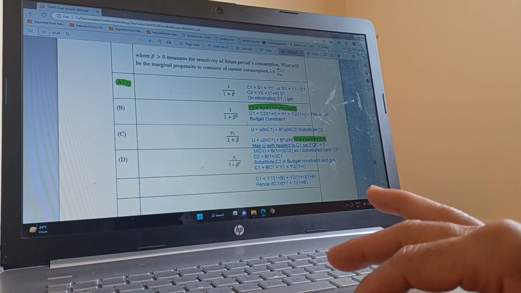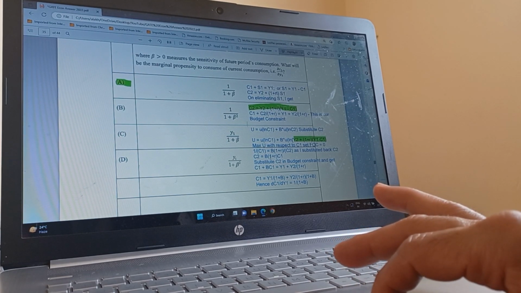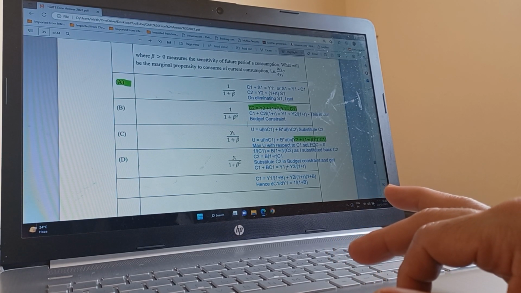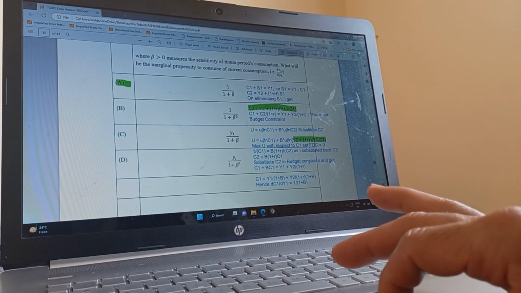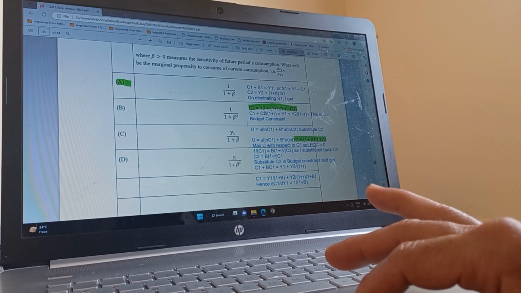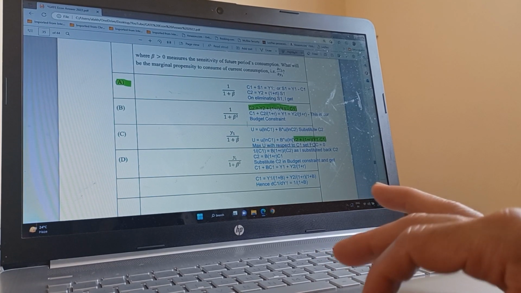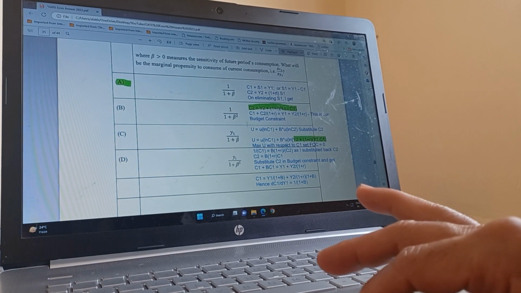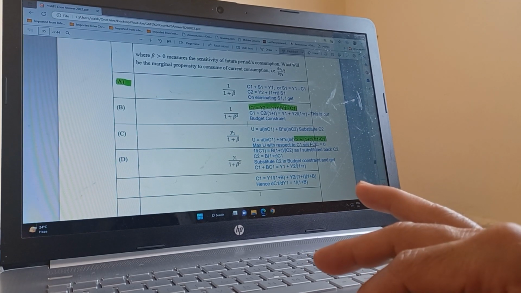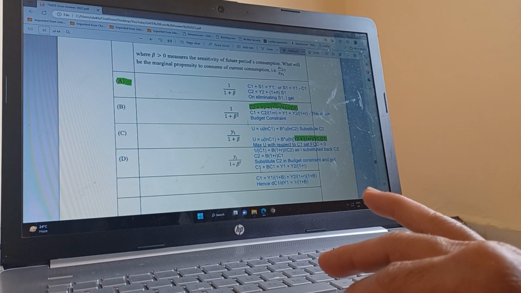And then again substitute C2 in the budget constraint and get C1 plus beta C1 equal to Y1 plus Y2 divided by (1 plus R). What is the budget constraint? This one was our budget constraint: C1 plus C2 by (1 plus R) is equal to Y1 plus Y2 divided by (1 plus R). So I substituted this part here. On solving, I bring C1 to this side, so C1 times (1 plus beta).